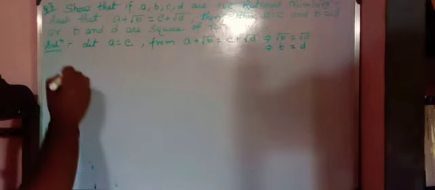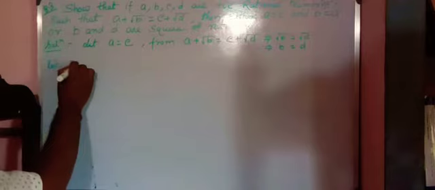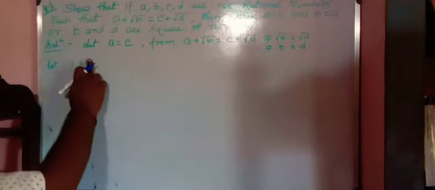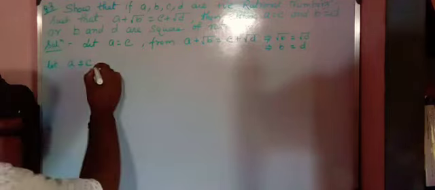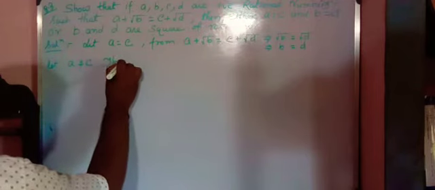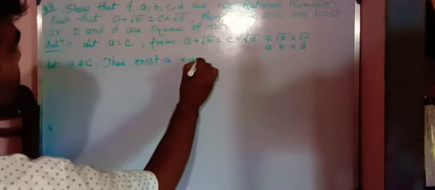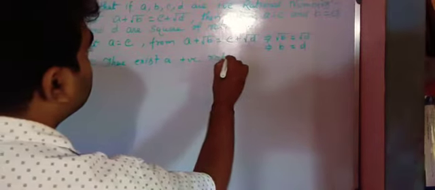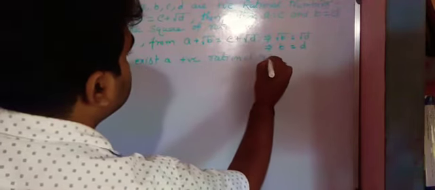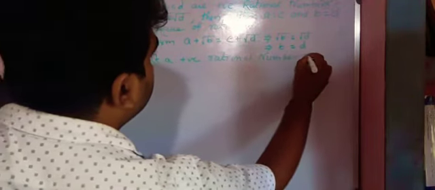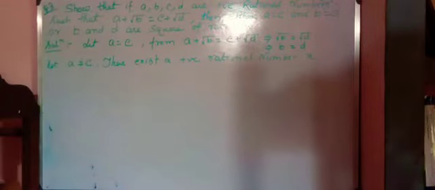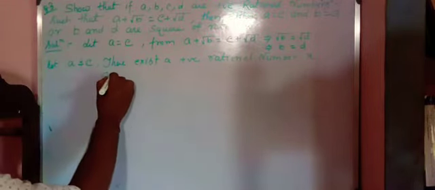Now let a not be equal to c, understood? So if a is not equal to c, there exists a positive rational number x such that a is equal to c plus x.